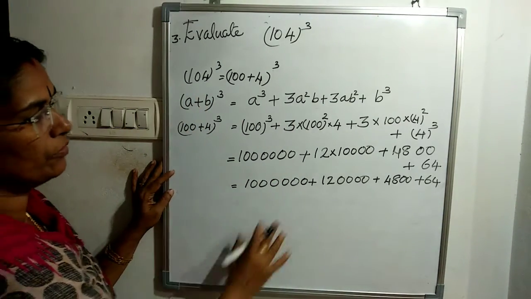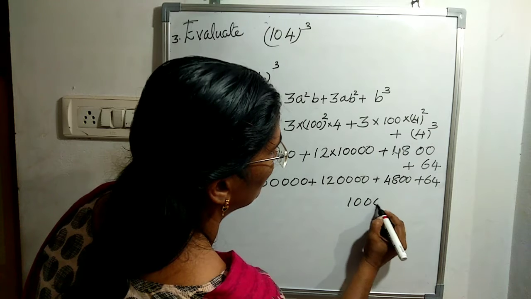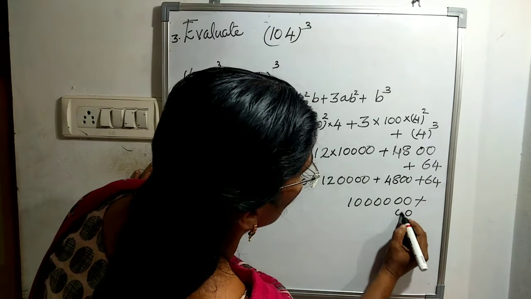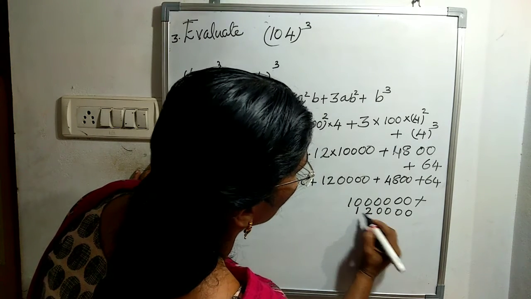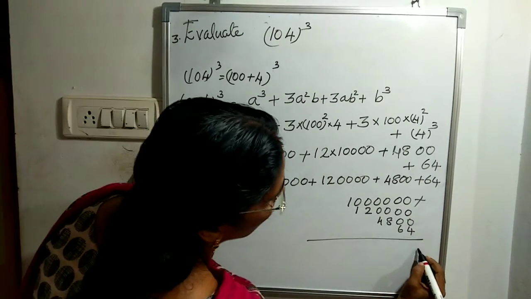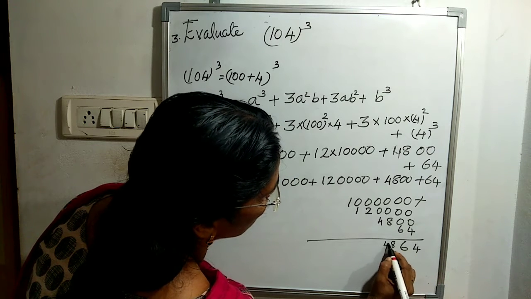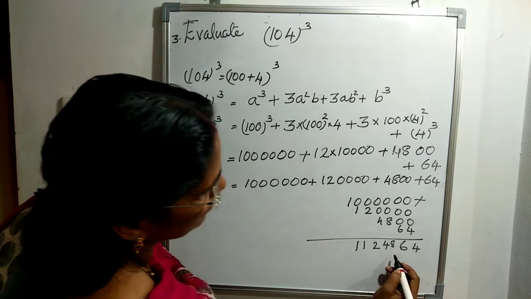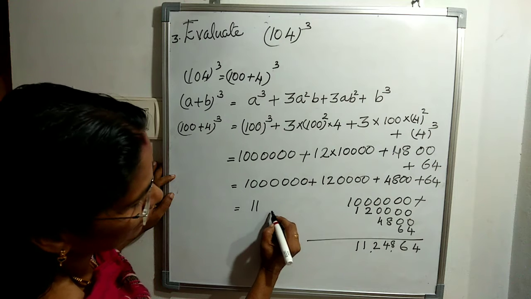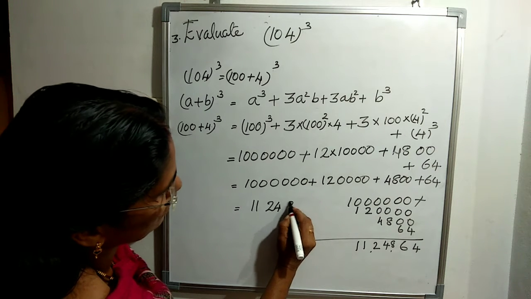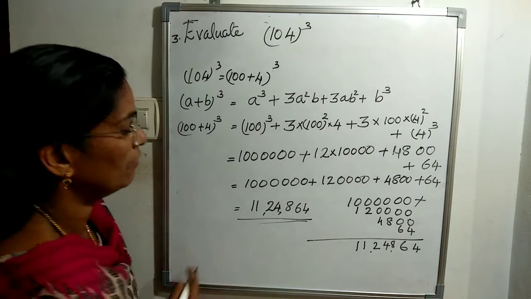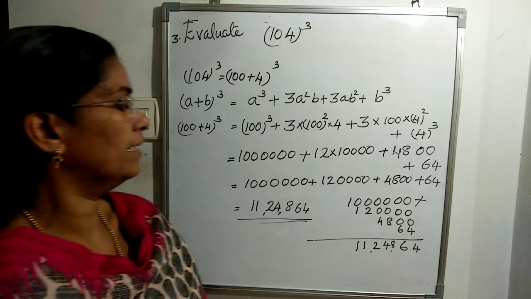All these terms are positive, so we can add. It is easy to write this way: 4, 8, 0, 0 and 64. Adding, we write the answer as 11,24,864.